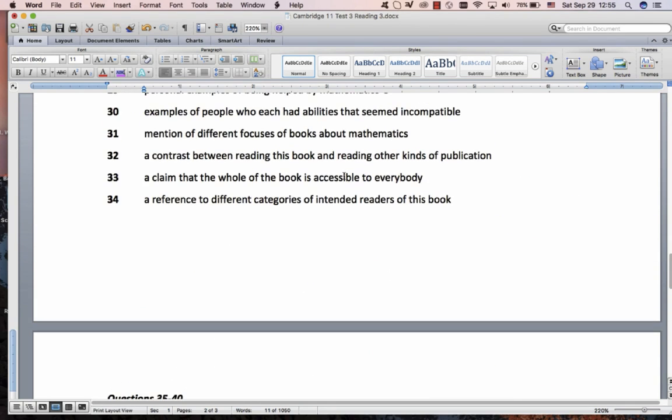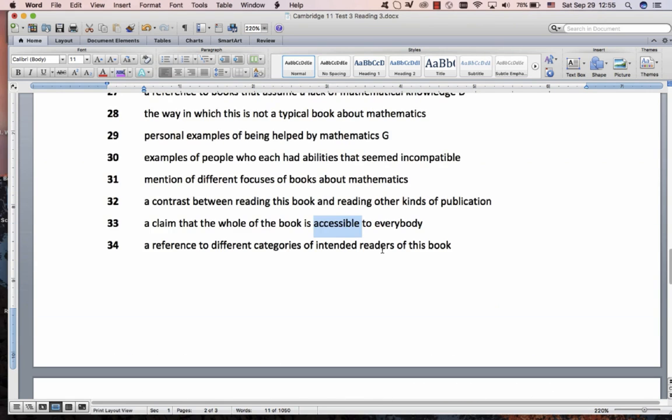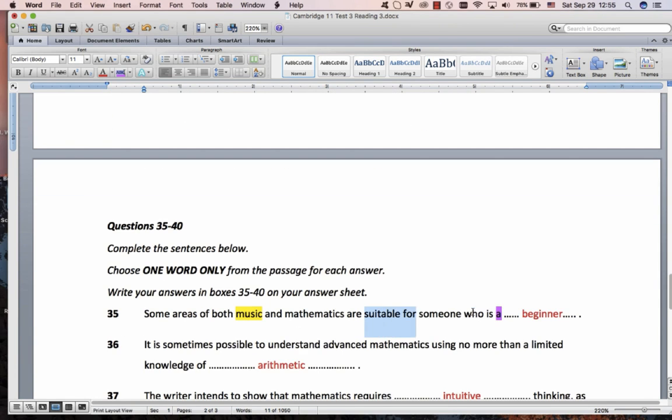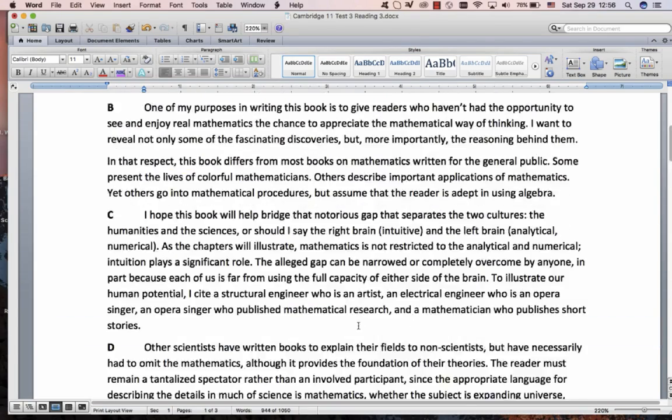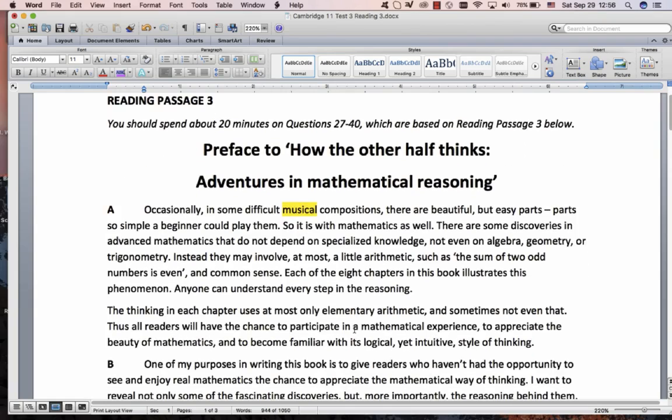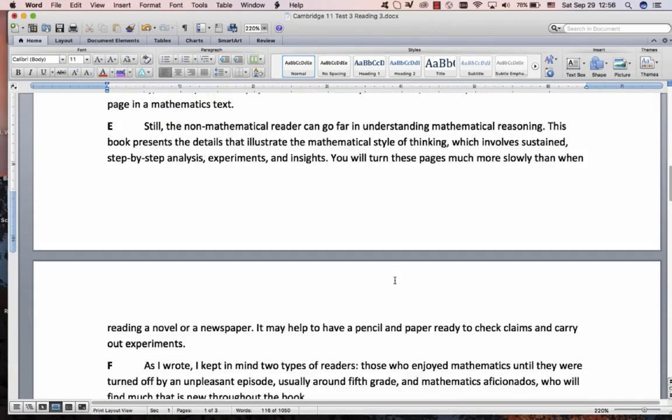Suitable, accessible. Even somebody who is a beginner, suitable for everybody. So let's just go and check. It's kind of close. We can go and check, look at that paragraph, see if we can find anything that will confirm it. And it's over here. Maybe anyone can understand. Suitable for everybody, accessible for everybody.